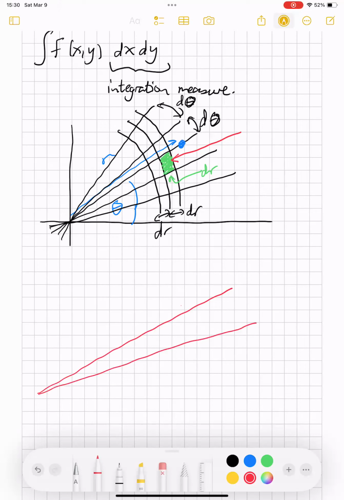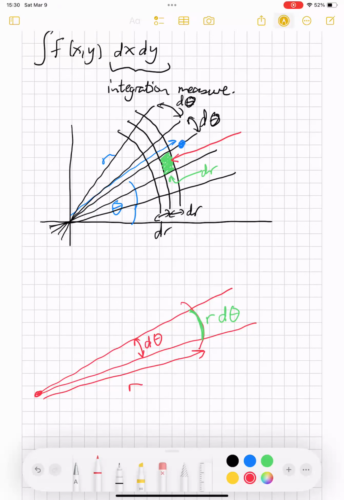What we've got is that this distance over here is r, the distance from the origin, and this angle over here is d theta. Now, if you remember your formula for arc length, this length over here will just be r times d theta.